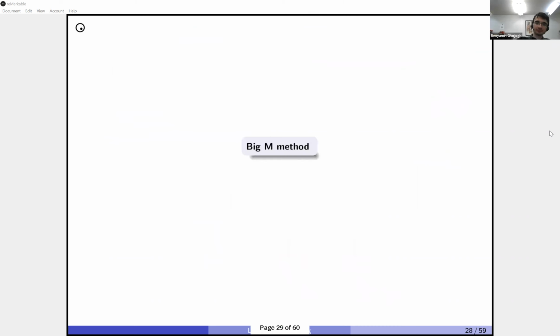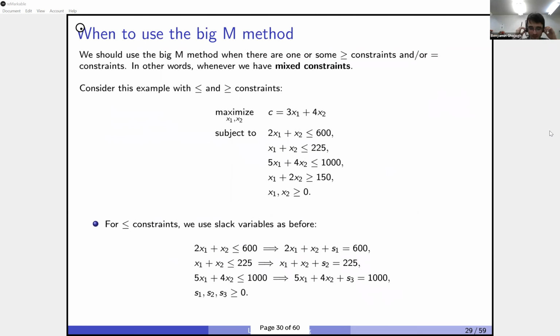Now, big M method. This is also something in the Tableau method. So we should use big M method when we have mixed constraints, when we have these constraints or equality constraints. Do you remember in the previous slides, I said assume that constraints are all less than or equal to. Now assume that we have a maximization problem for now again, and some of the constraints are greater than or equal to, okay?